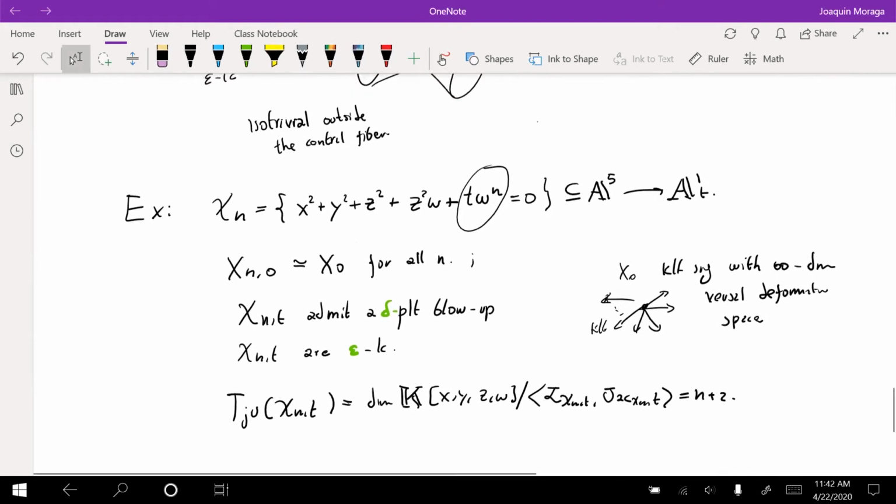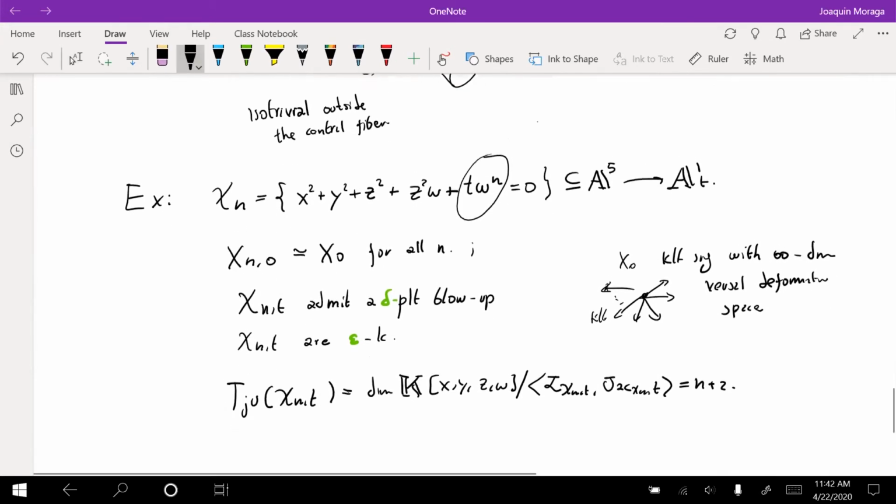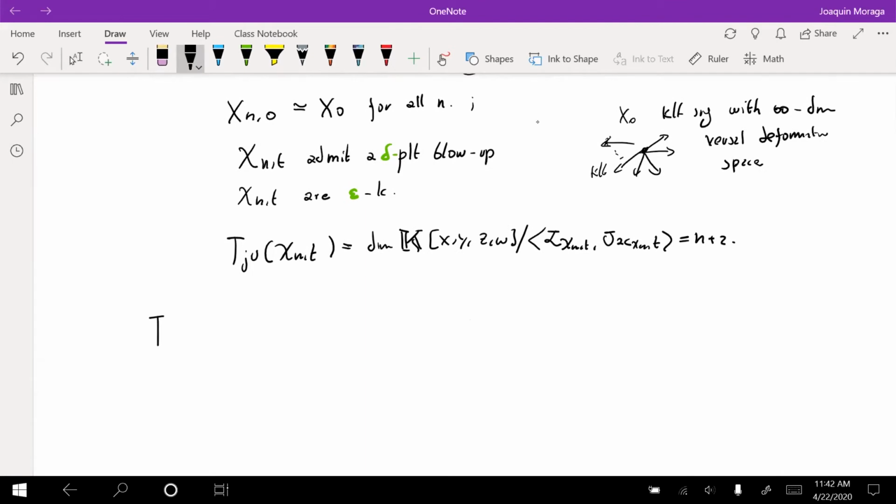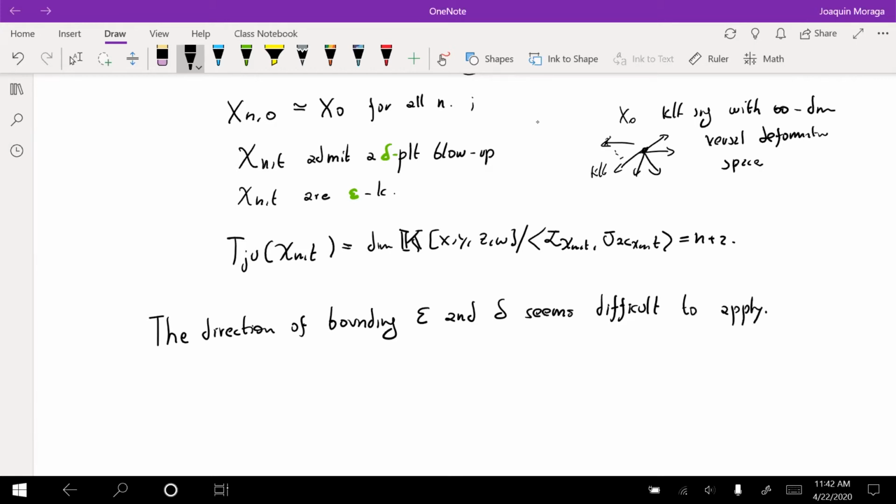So it seems to me that at least this direction of bounding epsilon and delta seems difficult to apply in general, right? Because epsilon is not hard to bound when you have a sequence of singularities, but controlling this PLT blow up seems really hard in applications.